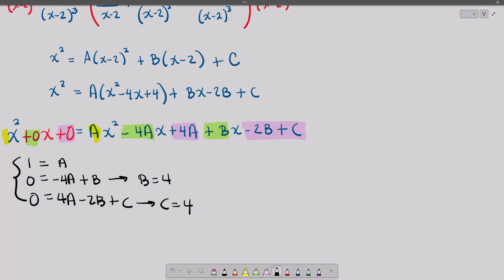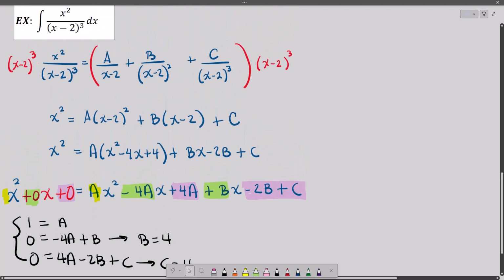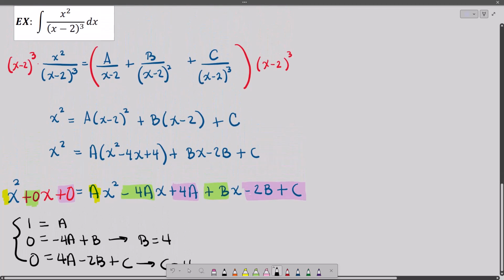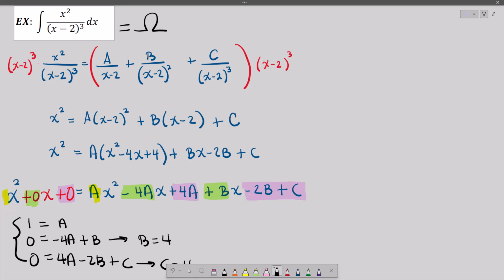I'm going to give the integral a name, call it omega, call it I, whatever you want.